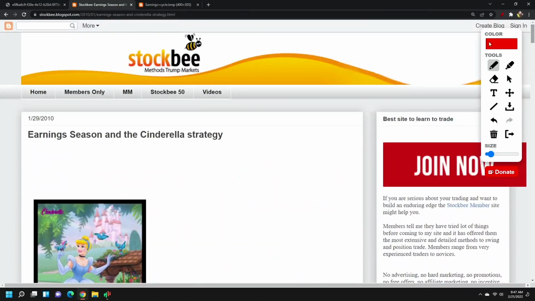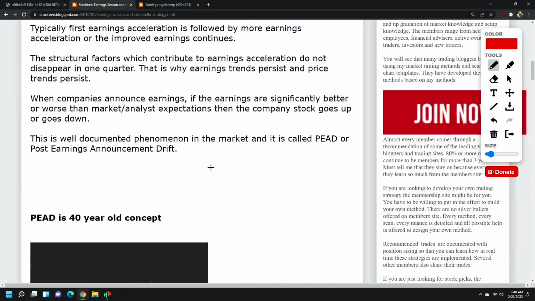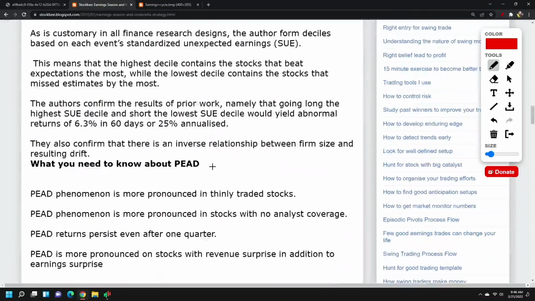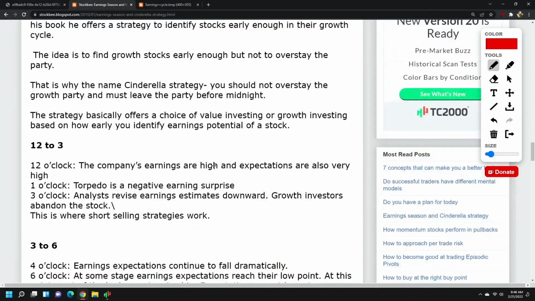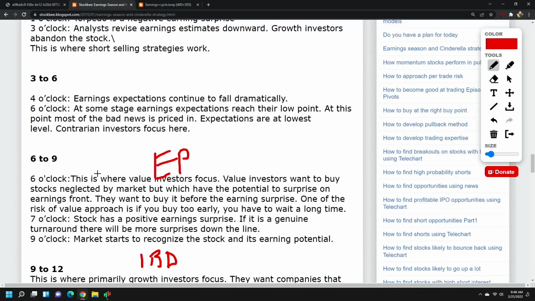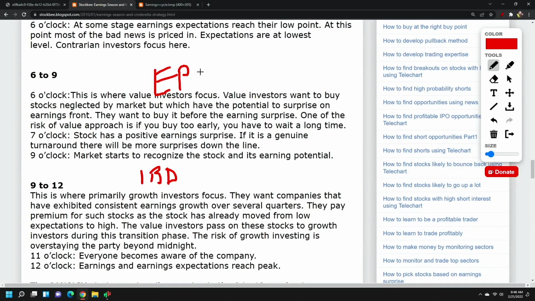You can see this is a free article on my blog, earning season and Cinderella strategy. And in this, you see the 12 to 3, 3 to 6, 6 to 9, and the 6 to 9 is where the EP strategy works, because you want to be getting into growth stocks as early as possible. So on the date of first earnings, you're trying to enter.